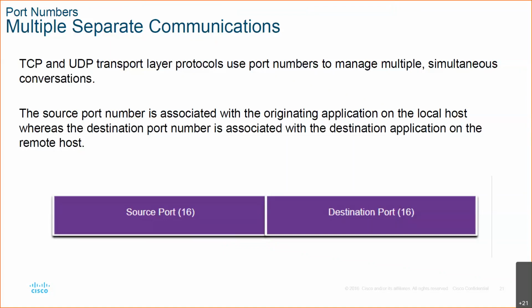Because when you access a server by using UDP or TCP, you are not accessing just one service. You are accessing multiple services. That is why each application service will be on a different port, okay? So you have to have a source port number and a destination port number, okay?